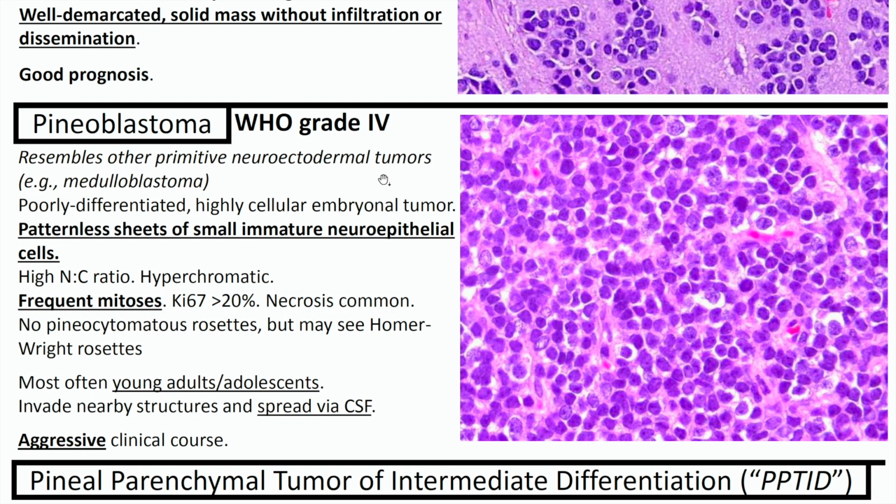These most often occur in young adults or adolescents, and they invade nearby structures and spread via the CSF. And these have an aggressive clinical course, which tracks with the more frequent mitoses and higher Ki67 expression.